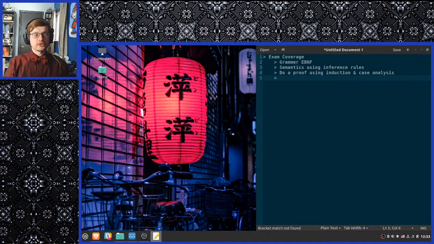That's been a major thing we've been doing. In terms of specific code constructs, language features up to and including exceptions.